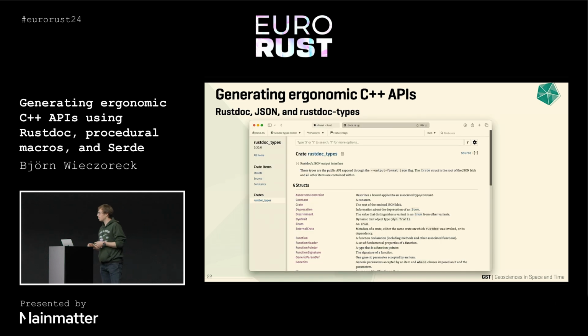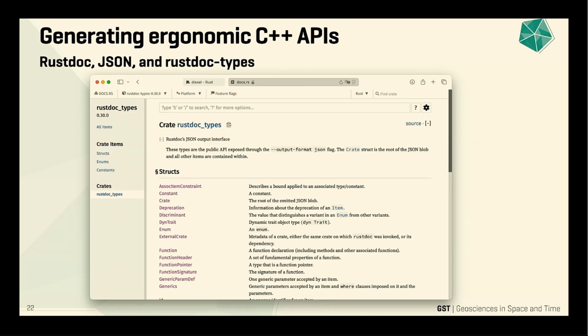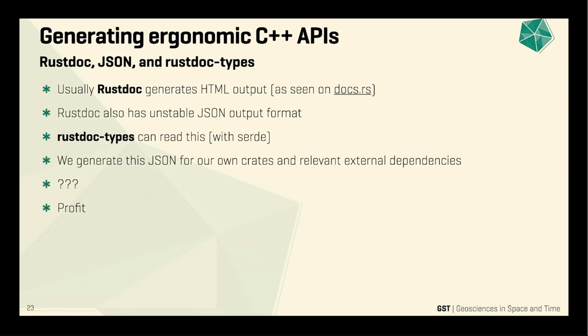And if we go back a little bit, no, sorry. First, if I usually don't understand a thing about Rust code, I just go to docs.rs, and for a crate, such as rustdoc-types, all the types and structs and enums and functions and trait implementations are listed there. As most of you will know, this is the output of Rustdoc, the HTML output, but Rustdoc also has an unstable JSON output format.